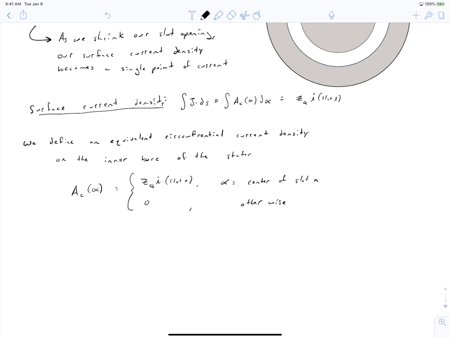We can summarize this as that we have defined an equivalent circumferential current density. This is a surface current density that is expressed as a function of alpha, the circumferential direction. So we define an equivalent circumferential current density on the inner bore of the stator, such that A_C of alpha, the subscript C is for circumferential, A_C of alpha is equal to the total slot current when alpha is at the center of the slot, or it's 0.